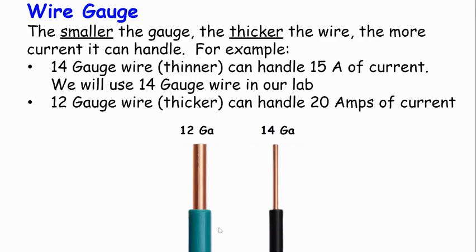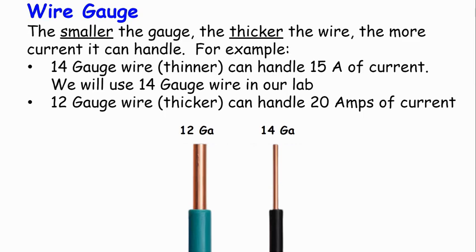So I think what's a little bit unusual sometimes for students is the idea that the wire gets thinner as you go to higher numbers for the gauge. So 14 gauge is thinner than 12 gauge. So you should get used to that. And also know that the thicker the wire is, the more current it can handle. So in your house, you probably have a bunch of 14 gauge wire.